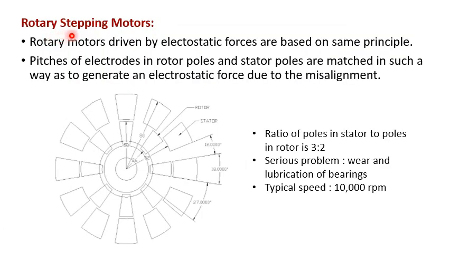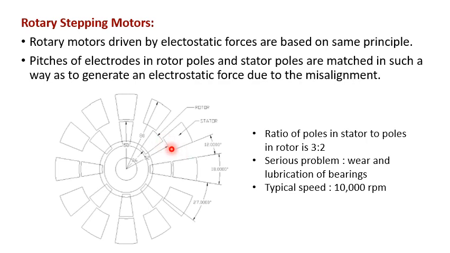The next type of motor is the rotary stepping motor. Rotary motors are also driven by electrostatic forces and can be constructed in a similar manner. This figure shows the top view of an electrostatically driven micromotor. You can see the rotor and the stator, and the electrodes are installed on the outer surface of the rotor and the inner surface of the stator.